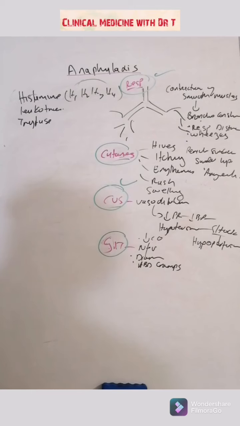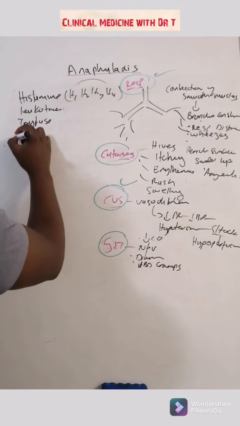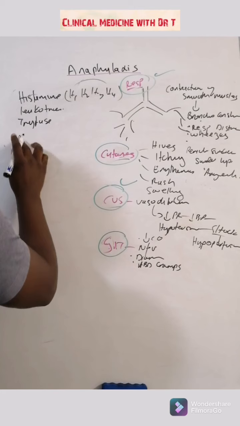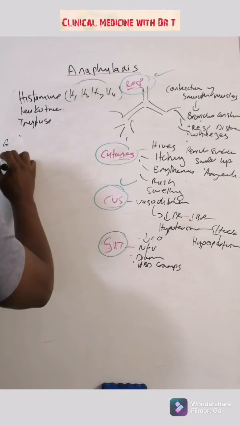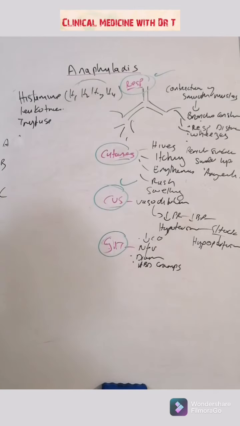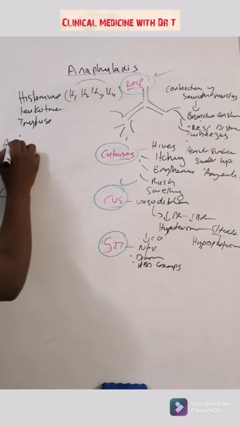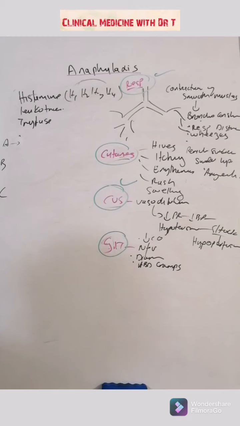So you have a scenario where you suspect anaphylaxis. So what are you going to do? Yes, we're going to do the ABC approach. For the A, we want to make sure that this person, because when they are collapsed, they might lose consciousness and they might be obstructing their own airway.